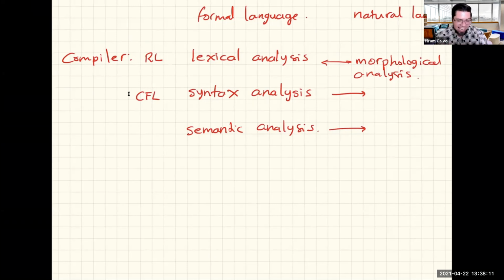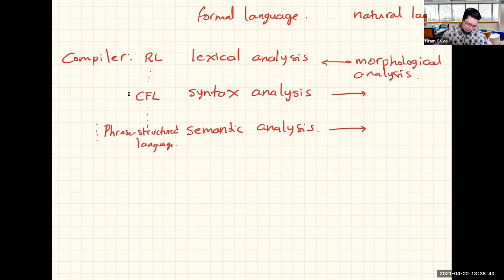And for semantic analysis, well, we don't know, but probably it won't be a context-free language, and we need a lot more different mechanisms to grasp semantic elements. So if we want to force this, we could say maybe a phrase structured language.